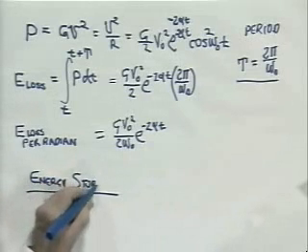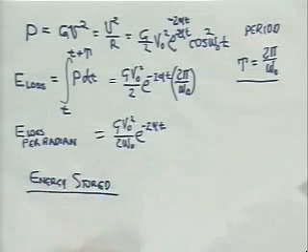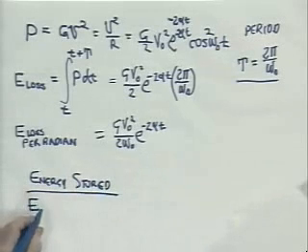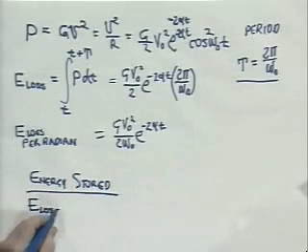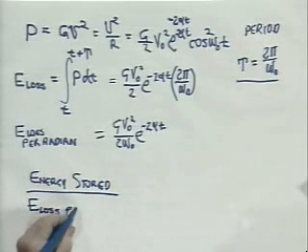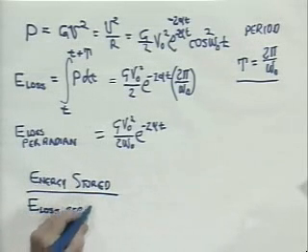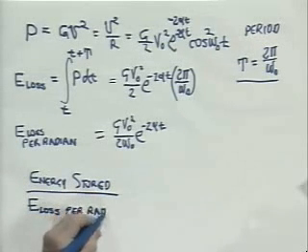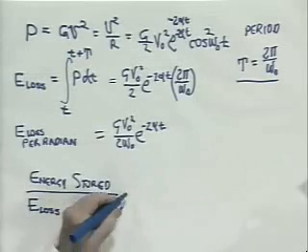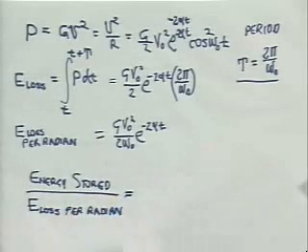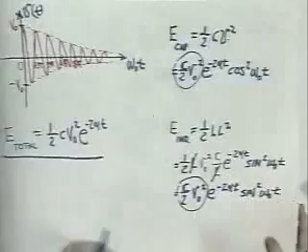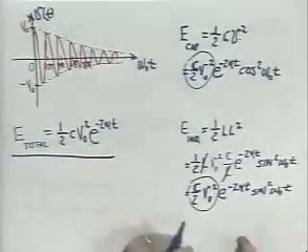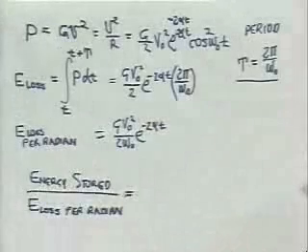at any time, the energy stored divided by the energy loss per radian. The energy stored is 1/2 C V0 squared e to the minus 2 alpha t.